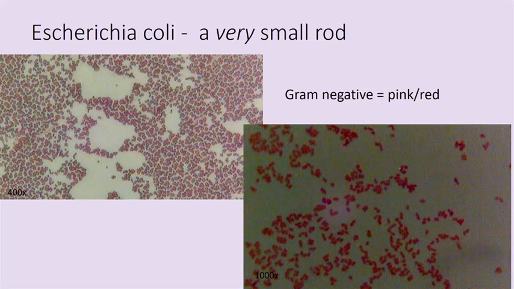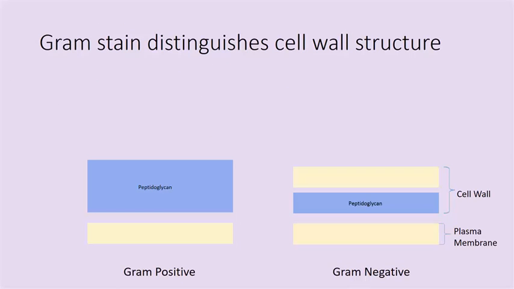Okay, so let me explain to you how this whole process of gram staining works. It's based on the principle that gram-positive and gram-negative bacteria differ in the composition of their cell wall. So if we take a look at this picture down here, this is a slice through the outer layers of a gram-positive and a gram-negative bacterial cell.